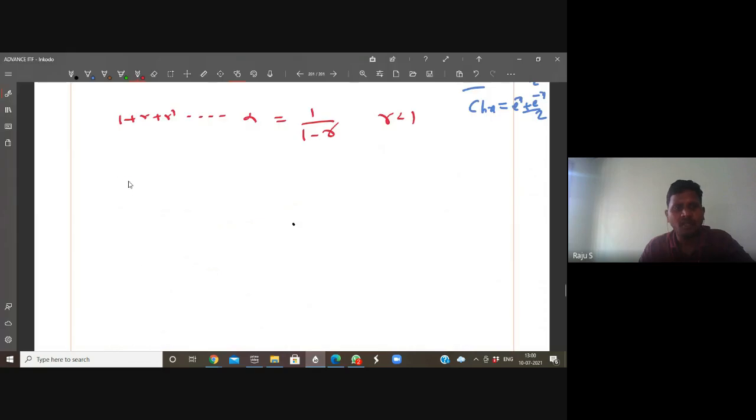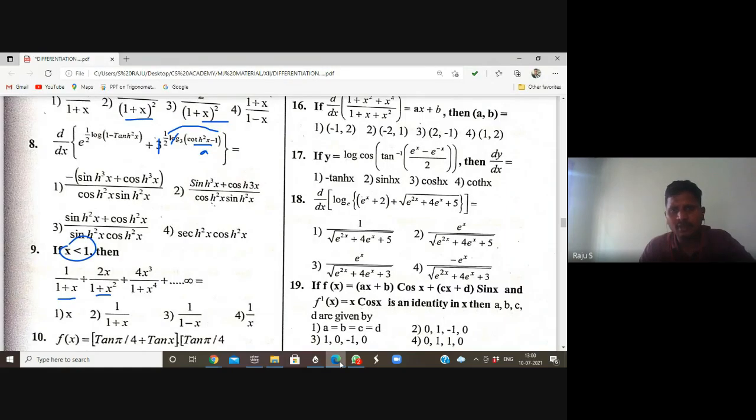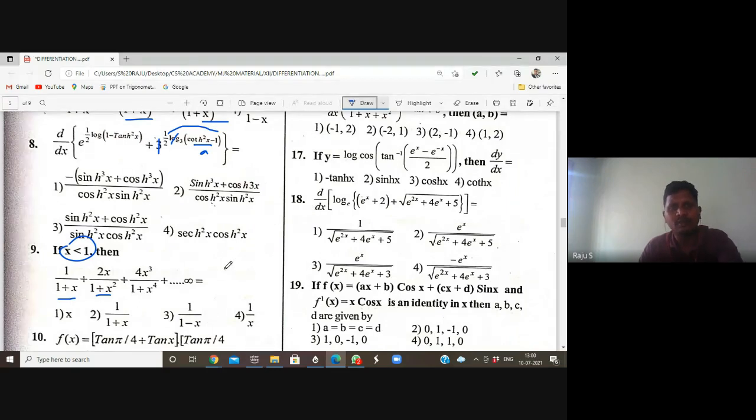Question is what? 1 by 1 plus x plus 2x by 1 plus x square plus 4x cube by 1 plus x power 4 plus so on. Okay, students. Is sum of finite series given or infinite series given here? Infinite. They given infinite.